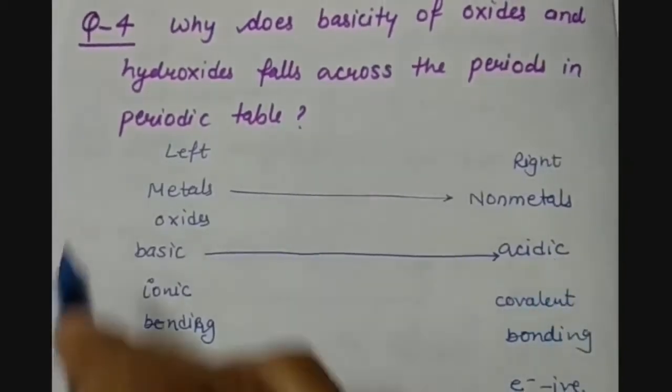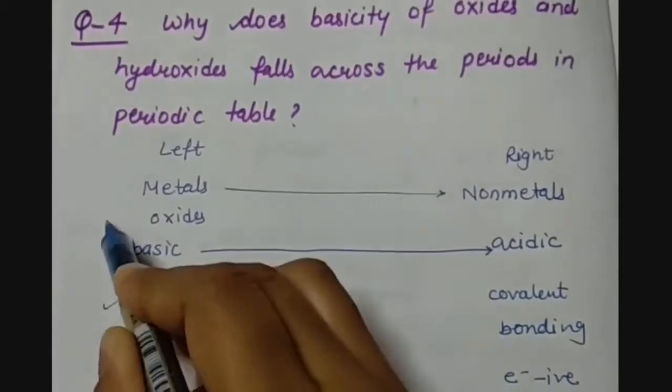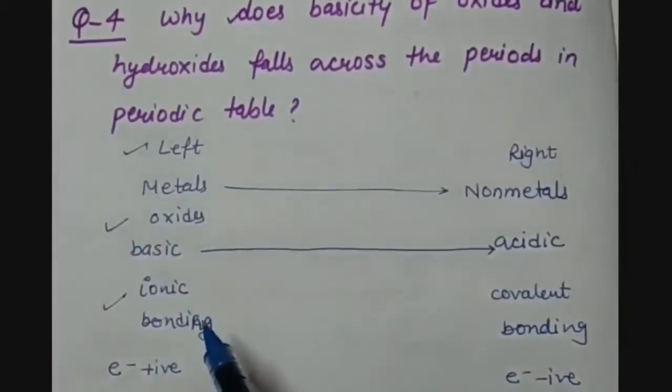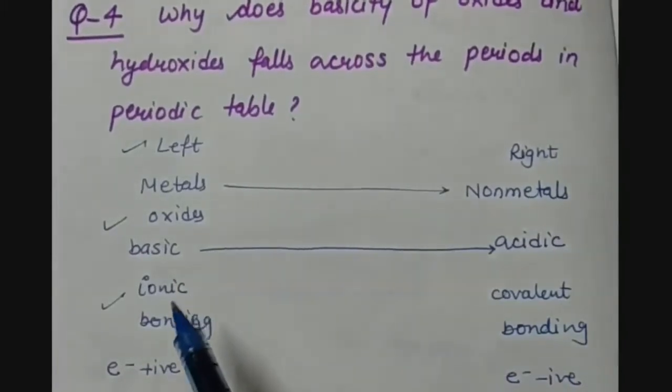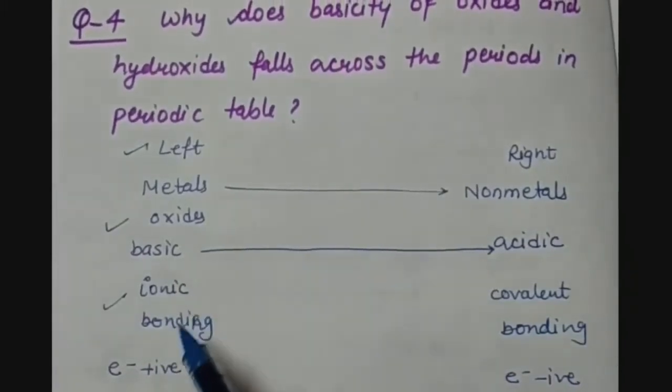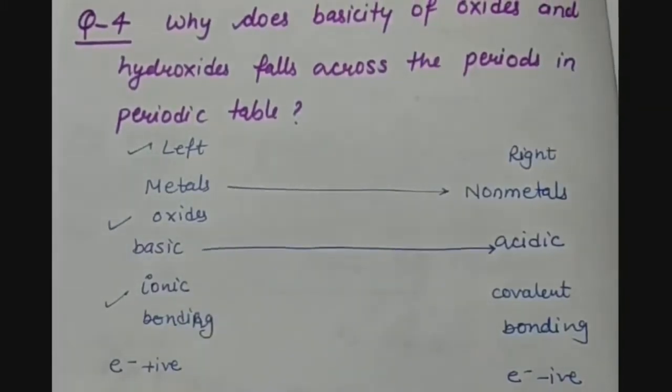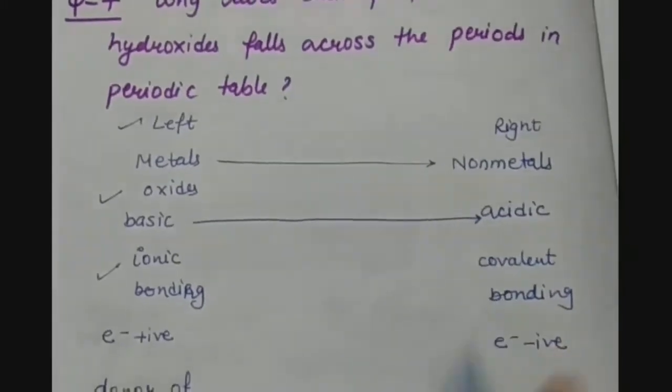Along with it, we have one more thing, that is ionic bonding, because the metals are electropositive in nature. That means they have a tendency to lose electrons, and hence they generally form ionic bonding with other atoms. But non-metals are electronegative in nature, so they form covalent bonding.